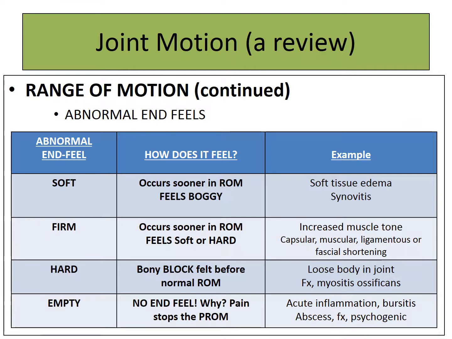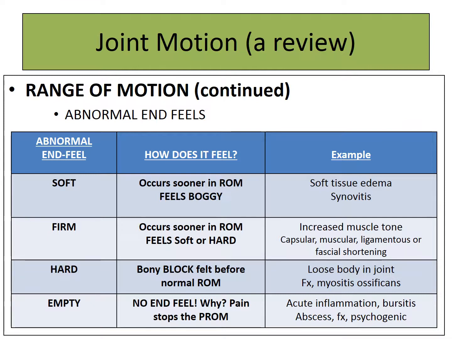If you have a firm end feel and it's occurring sooner in the range than you think, it could be that there is some muscle tightness, or just that the structures giving the resistance, muscular, capsular, or ligament, might be tightened or shortened and now restricting the range of motion and giving you a firm end feel before you should be feeling it.